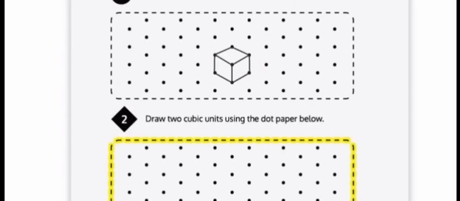Now let's draw 2 cubic units. Connect 4 dots to make a parallelogram just as we did before. Then add another parallelogram that shares its right edge.